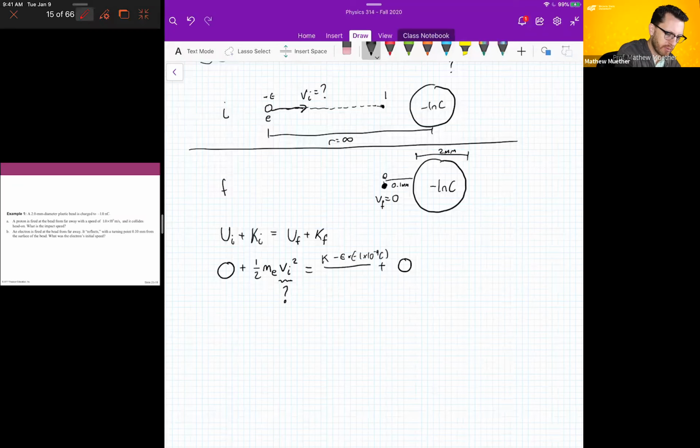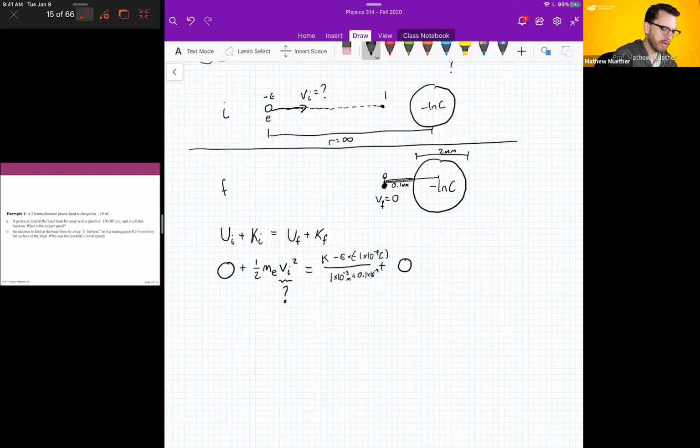Remember, we're trying to find the separation between the centers of the two objects. So that's going to be like 1 millimeter, 1 times 10 to the minus 3 meters, plus I have to add this extra distance that I am away from the surface here, plus my 0.1 times 10 to the minus 3 meters.